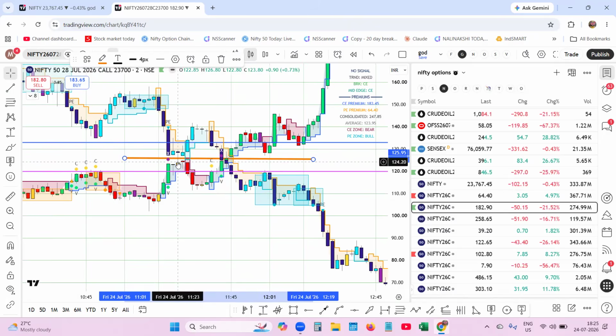That means it is making a higher high. When it makes a higher high, it has to make a higher low. When the premium comes over here and holds, they are not meeting together. Now the put option is making a lower high, from here to here.